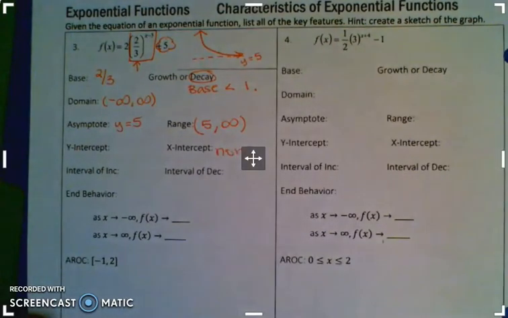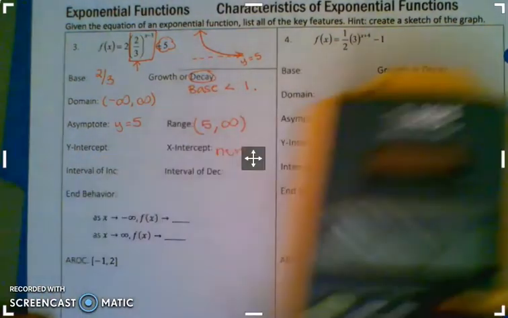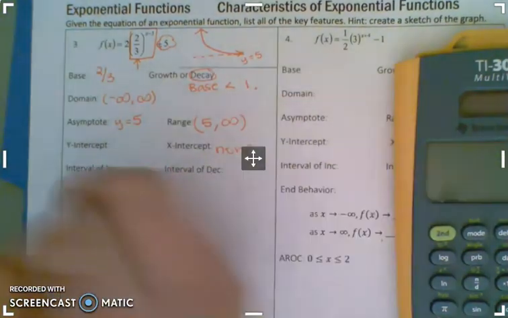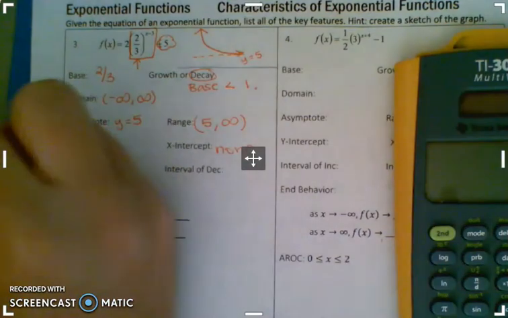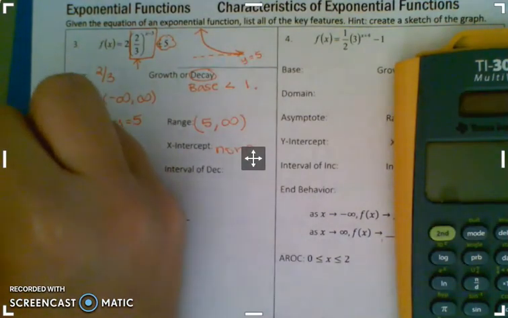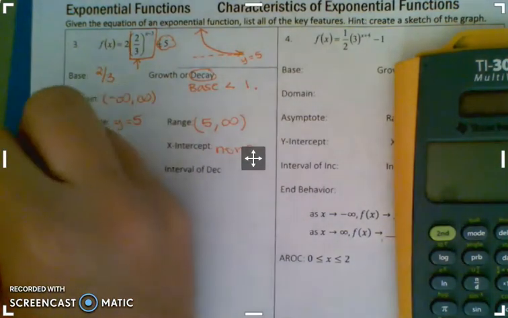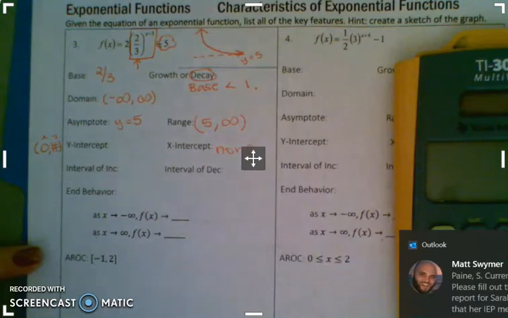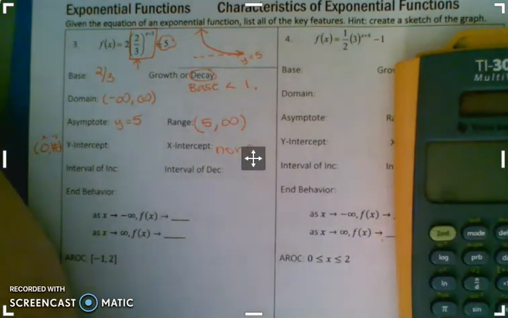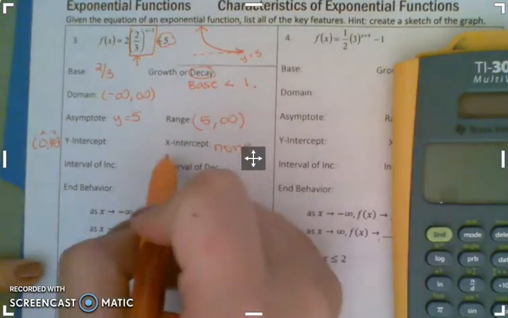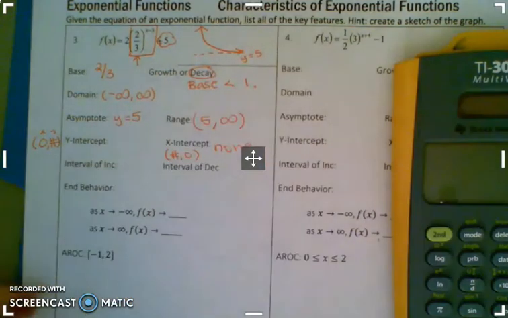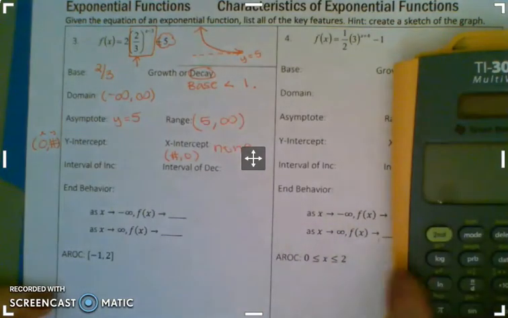For your y-intercept, we're going to use our calculators, and because it's the y-intercept, x comma y, the y is going to be the number, which means the x has to be 0. Just like if I had an x-intercept, the x is the number and the y would be 0 if I needed it.